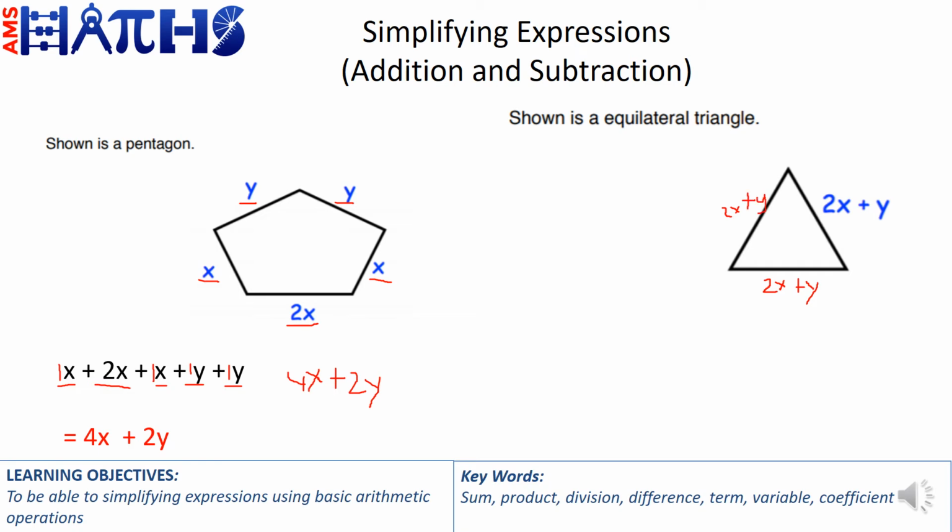And all we need to do, if we're looking at finding the perimeter, which is what we're going to undertake now, we just need to add all three sides. So I've written them here, all three sides written out in three different colors. All we need to do is combine the like terms. So we have 2x plus 2x to get 4x plus 2x to get 6x.